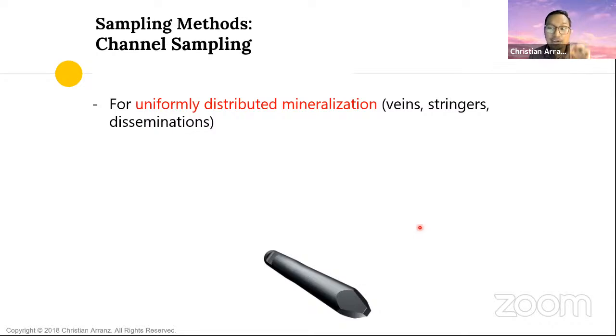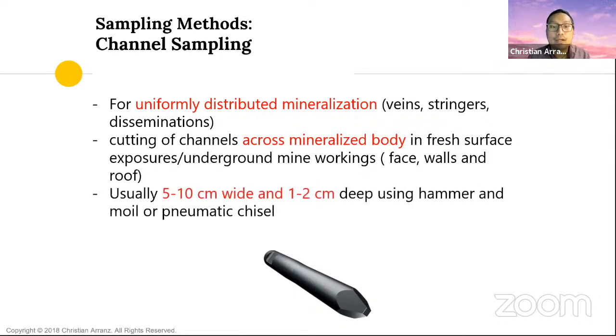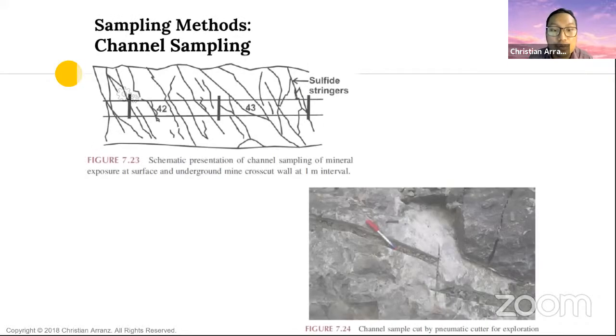Kaya siya stringers, ang parang string, ganun yung name niya. And then you cut across the mineral body using channels, okay? So yan, kaya channel sampling, okay? The channels are usually small, like 1 to 2 centimeters by 5 to 10 centimeters. So ganito yung itsura niya. I'll show you a picture.